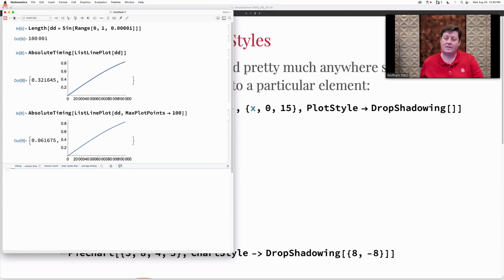Because if you do a list plot with 10 million points, we're going to generate a graphic with 10 million points. The front end is going to render it with 10 million points, because we don't know that all the points aren't necessary, or that they don't all end up looking smooth. And so it doesn't know where to throw away points. And so it sort of has to deal with all of them.